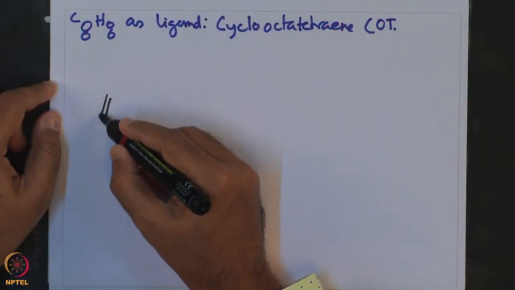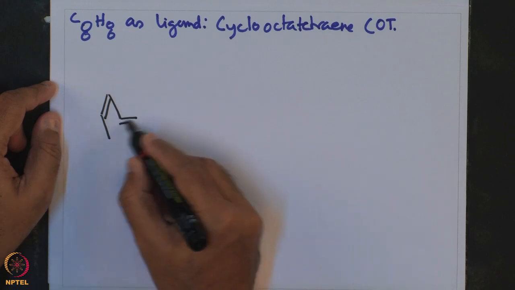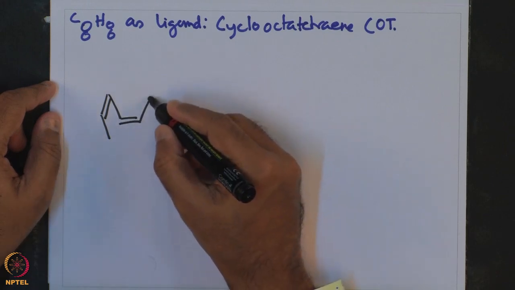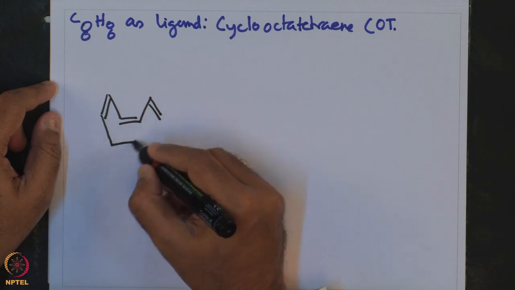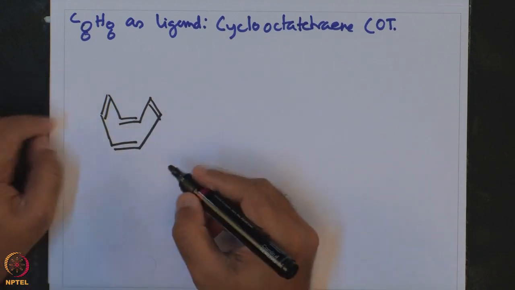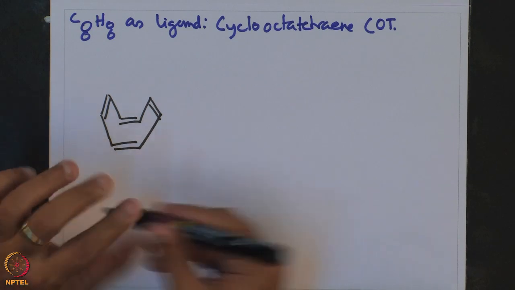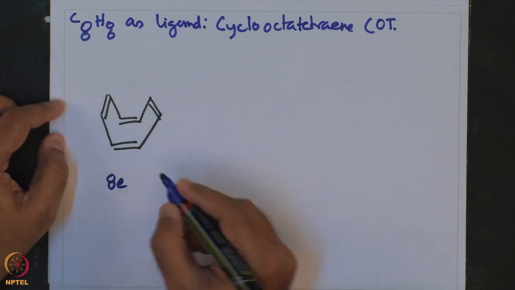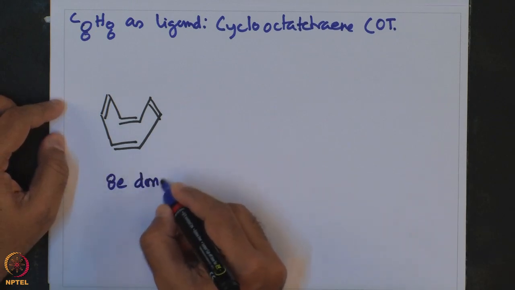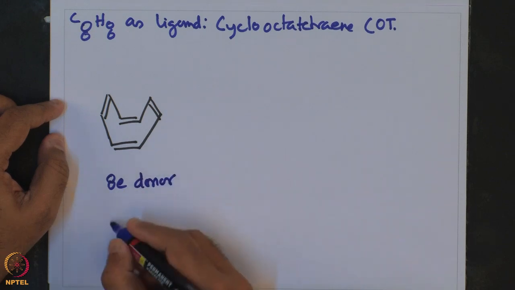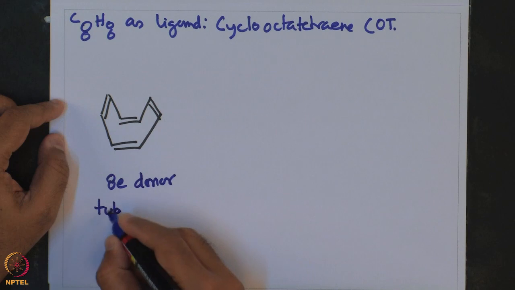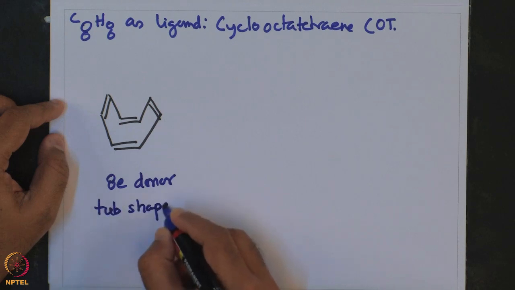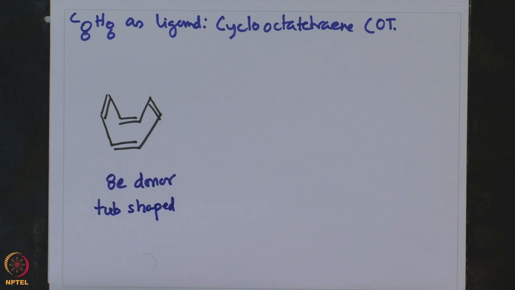Now, COT is cyclooctatetraene, and the structure of that is this 8 electron donor tub-shaped structure.